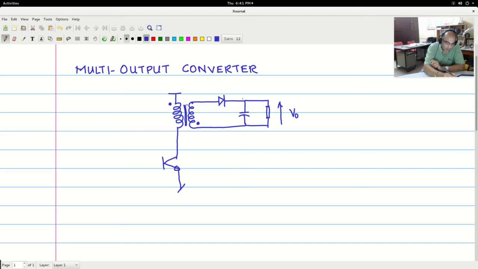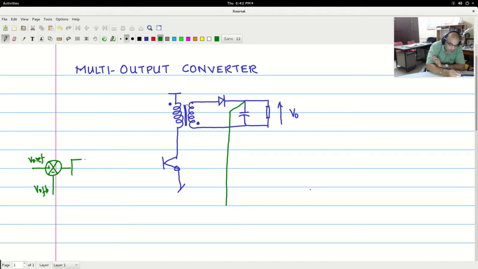So what we can do is, let me change the color. We can sense V0, and give it to a controller. Now I'm not going to put the controller in detail. I'm just going to say this is V0 ref, this is V0 feedback.